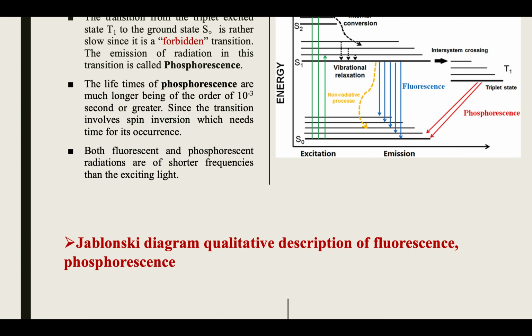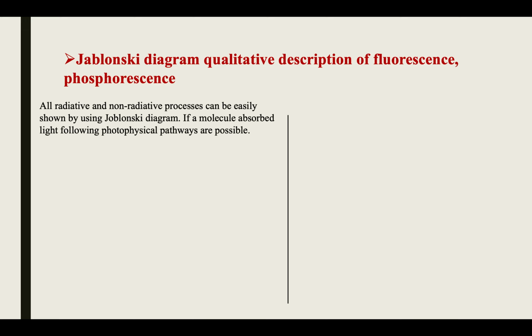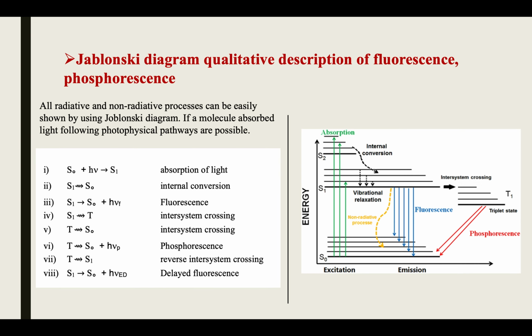Now we are going to see the representation of these photochemical processes in the Jablonski diagram. All radiative and non-radiative processes can be easily shown by using the Jablonski diagram. If a molecule absorbs light, the following photophysical pathways are possible. So this is the Jablonski diagram and these are the processes.